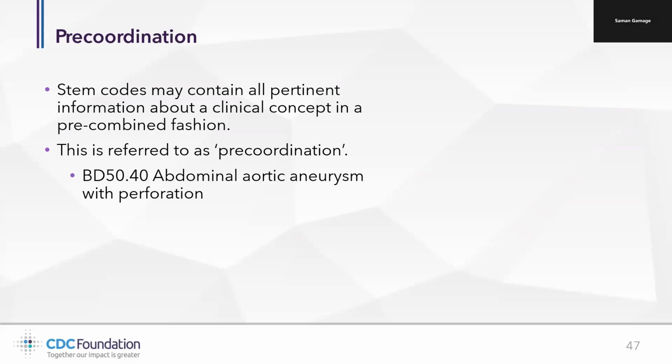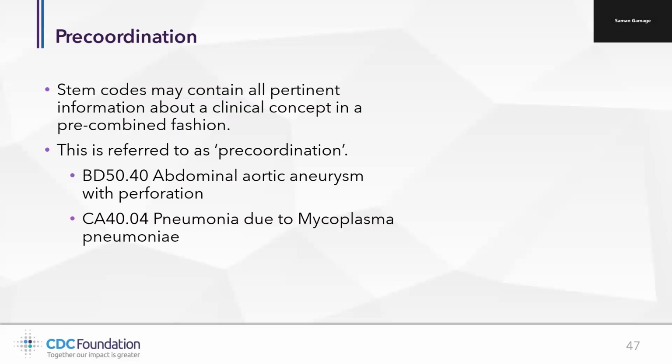For example, BD50.40, abdominal aortic aneurysm with perforation. All clinical information is pre-combined. CA40.04, pneumonia due to Mycoplasma pneumoniae. All pertinent information is pre-combined. So these are pre-coordinated codes, and they are also stem codes.